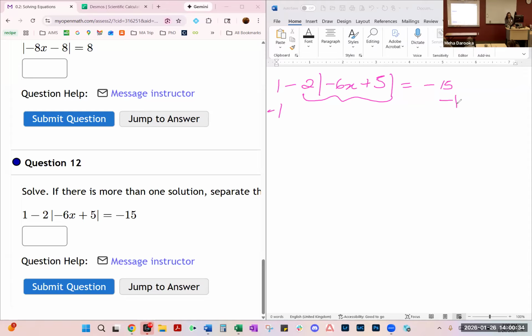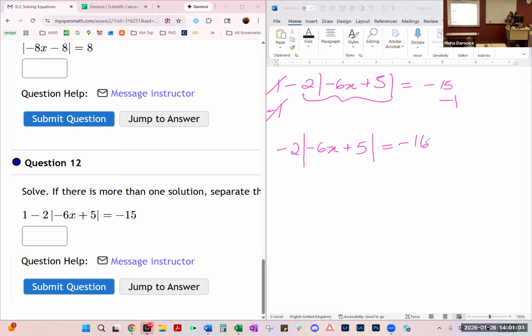So you are going to start by subtracting that 1, which will get rid of it from the left-hand side. We will be left with -2 times the absolute value of -6x plus 5 equals, of course, combining -15 with -1, and what will that give us? Very good, -16.